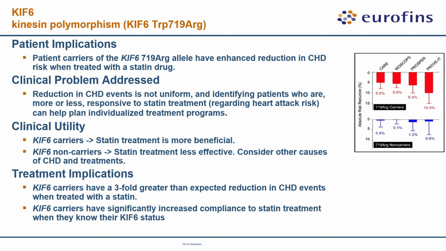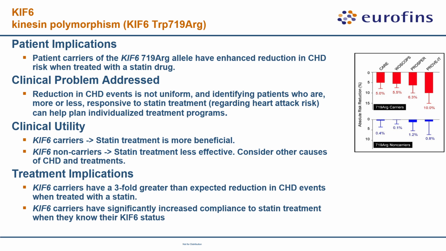So we know very well, and that's again from all the trial data, that risk reduction in coronary heart disease is not uniform. And it's important to identify patients who are likely to be more responsive to these medications, where these medications are likely to significantly affect their heart attack risk.